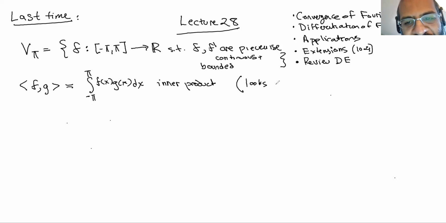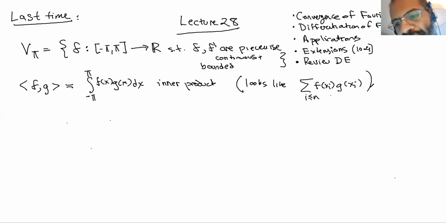It looks like an infinite version of just, what if you had a finite set of points and just did this? That would be something like a dot product. Well, this is just an integral instead.